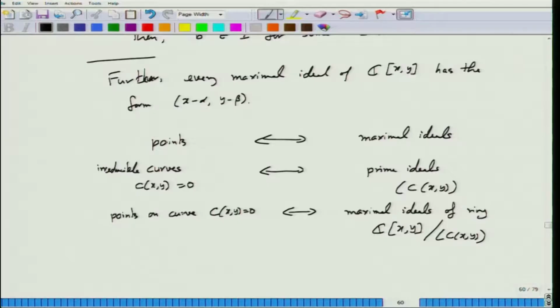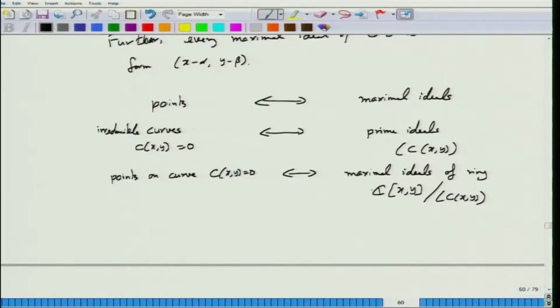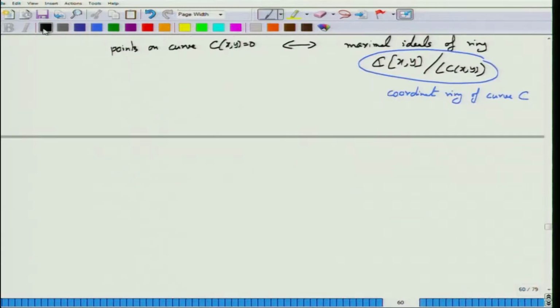So if you want to study properties of points of a curve, you just need to study the maximal ideals of this ring. Now, something quite magical happens once we are up to this. This is actually called the coordinate ring of the curve.